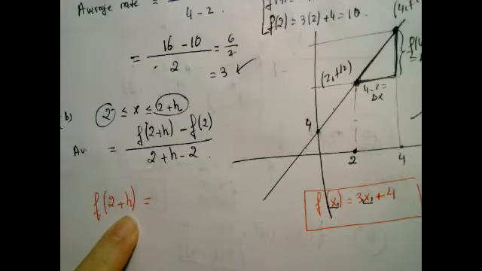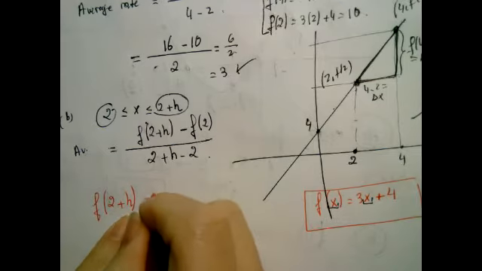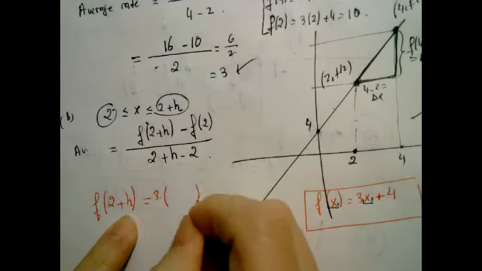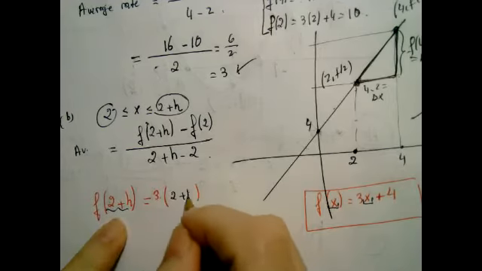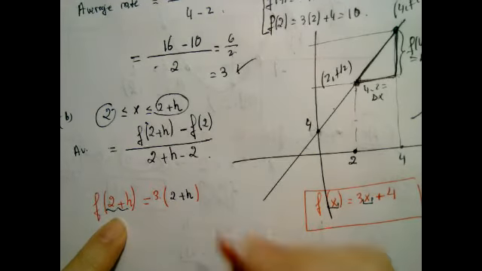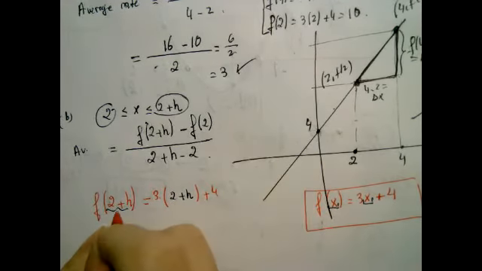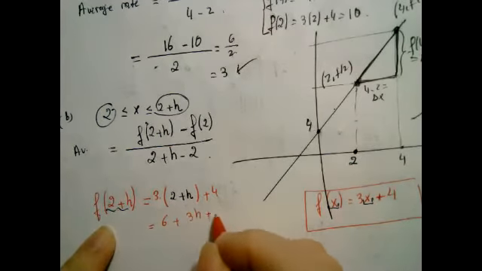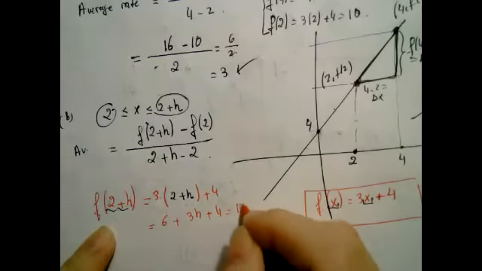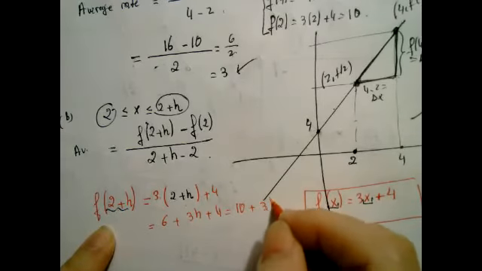So this is going to be equal to 3 times, whenever there is an x, now that's the 2 plus h, plus 4. This will go here. So now this is equal to what? 6 plus 3h plus 4, that's 10 plus 3h.